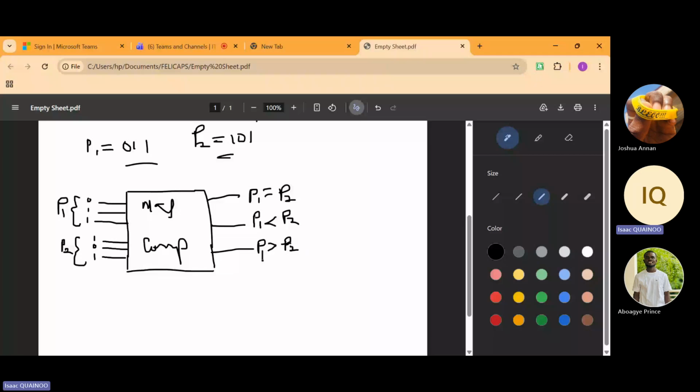If you realize how we were doing the comparison here, or how we stated it, we said: is P1 equals P2, or is P1 lesser than P2, or is P1 greater than P2.